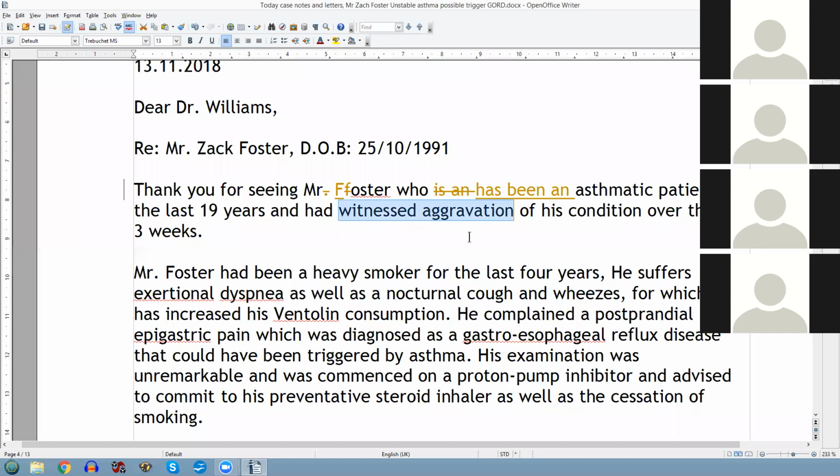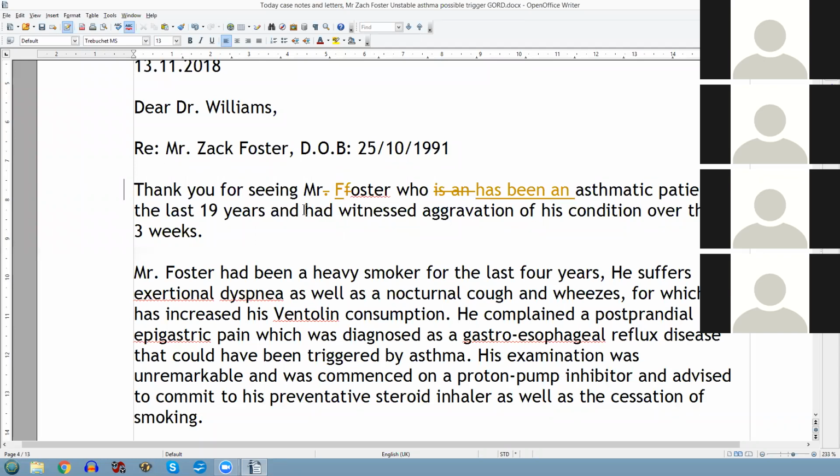He's experiencing it. It's something that he is experiencing. So I don't know he witnessed anything. So unmet patient last 19 years, and his condition has aggravated over the last 3 weeks. I think that's possibly better. Make aggravation aggravated.